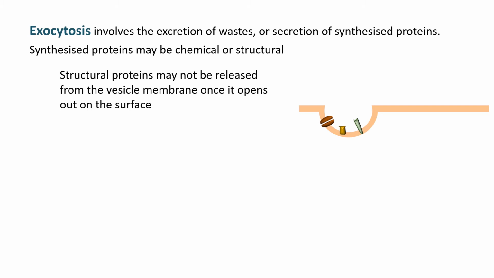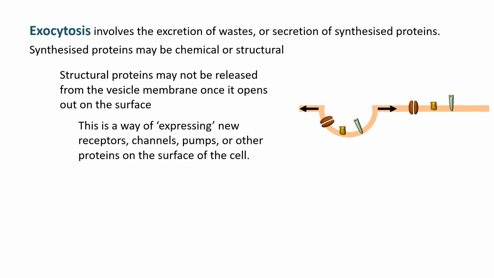We can then stick them to the side of the vesicle walls. Then when the vesicle binds to the plasma membrane and the vesicle opens up, we don't release the structures. The structures are embedded in the membrane. They just become a part of the membrane with that structure in. So this is a way of expressing new receptors, channels, pumps, or other proteins on the surface of the cell.